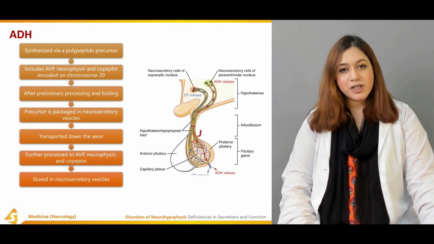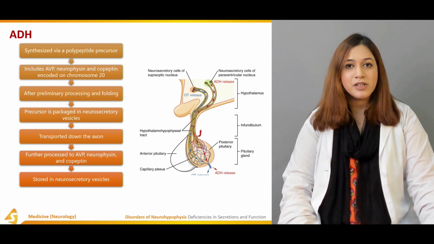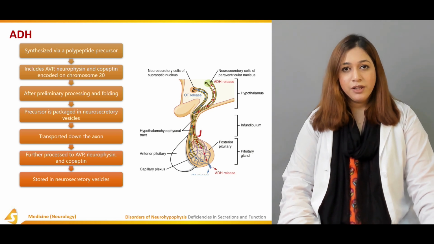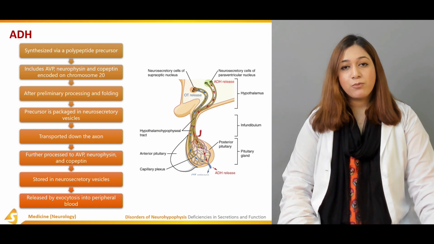After the complete processing, they are stored in the neurosecretory vesicles until they are released by specific stimuli. They are released by exocytosis into the peripheral blood capillaries present in the posterior pituitary.